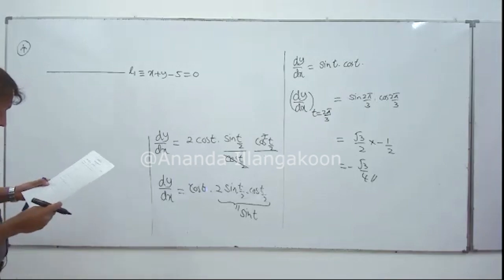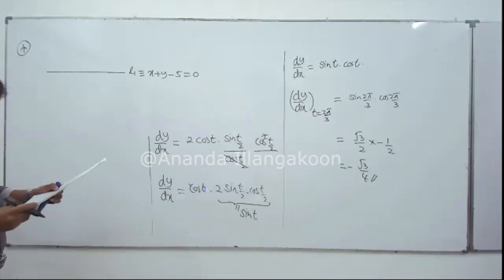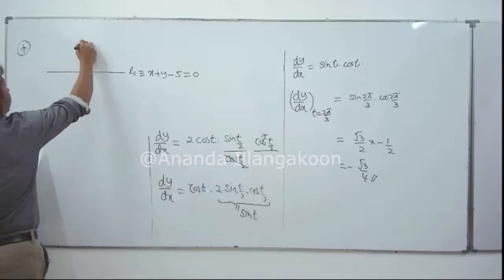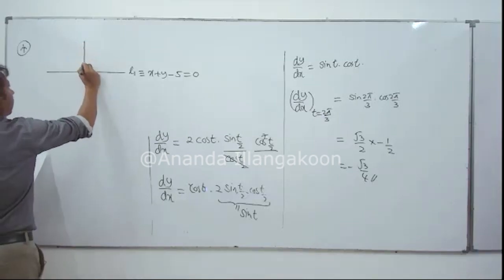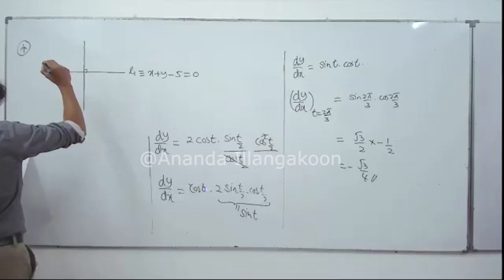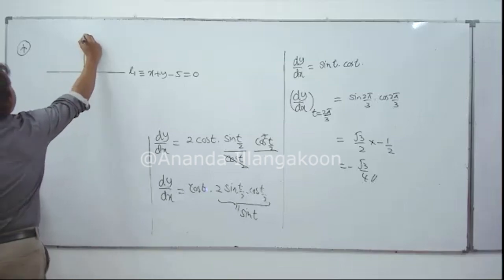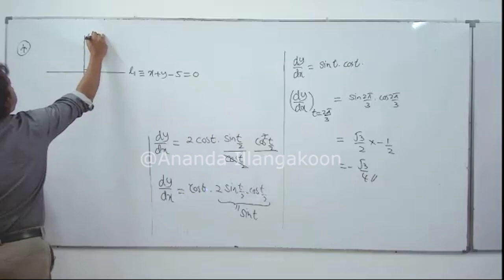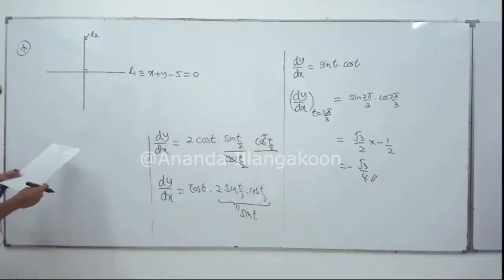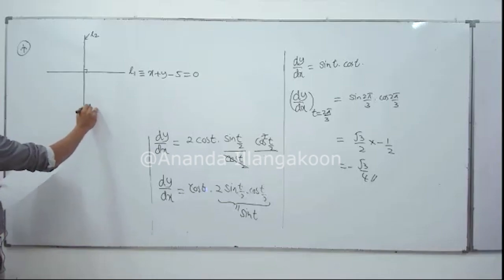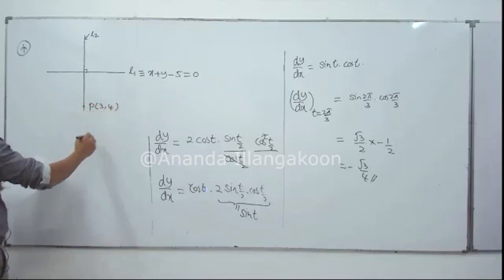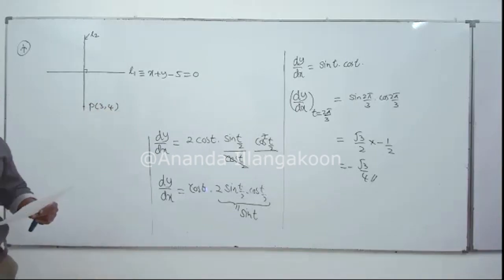Find the equation of the straight line L2 passing through the point P(3, 4), perpendicular to L1. This is L1, and the line perpendicular to L1 is given as L2. This line is passing through P(3, 4).